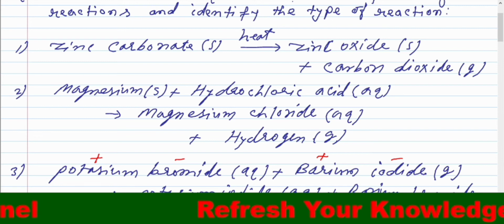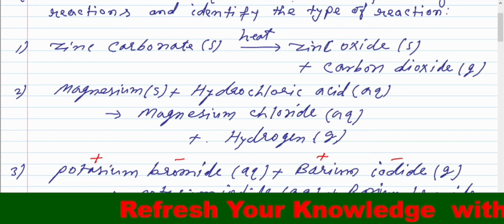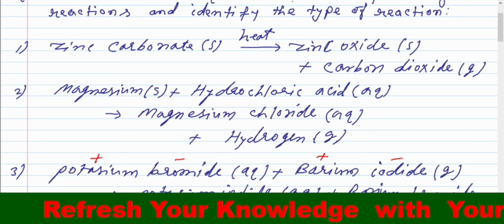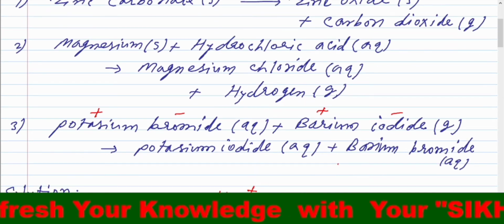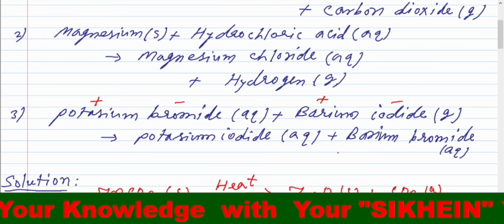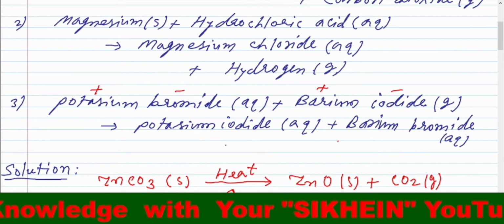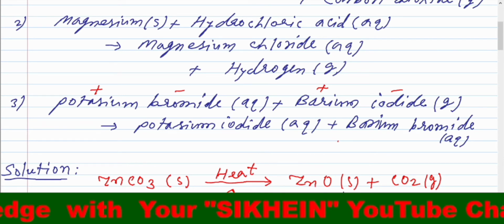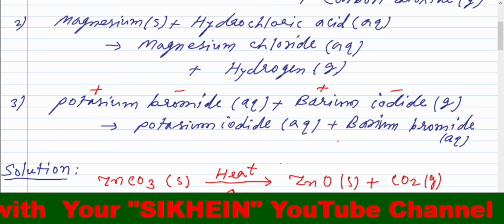Here the short forms aq, g, these are symbols. Now the solution of that. The symbol of zinc carbonate, ZnCO3, zinc carbonate heated, we get zinc oxide plus CO2, carbon dioxide.